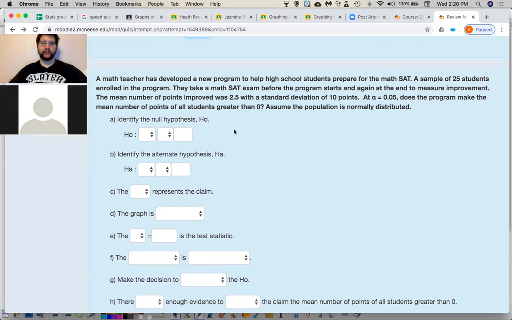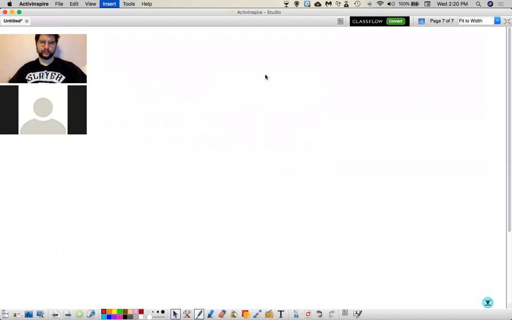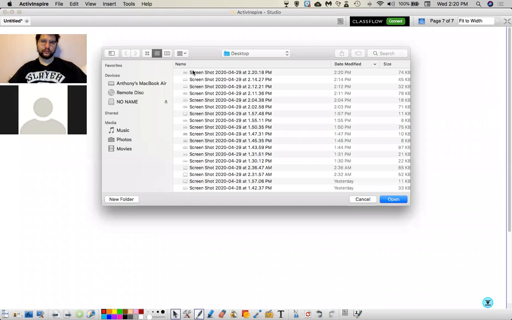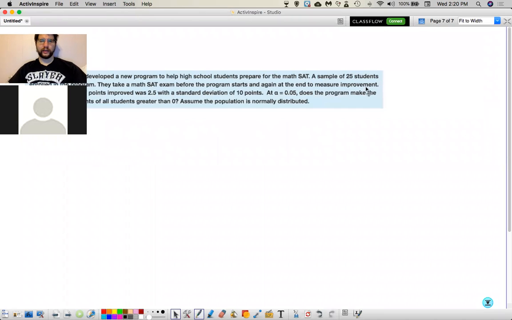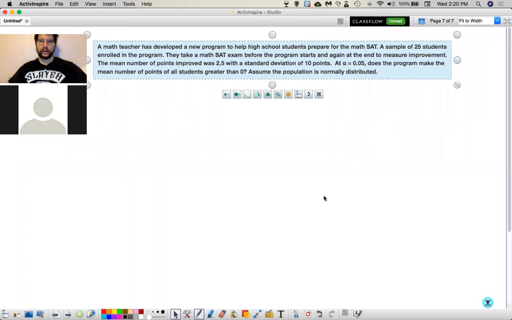First thing I'm looking for is a claim. You know what, I'm gonna copy this so I can highlight stuff. The first thing I want to find in here is what is my claim. Okay, at this significance level, does the program make the mean number of points of all students greater than 0? So that's my H1, mean is greater than 0.